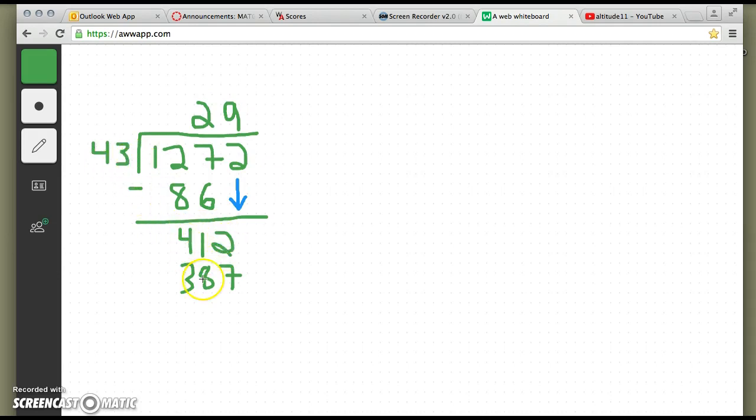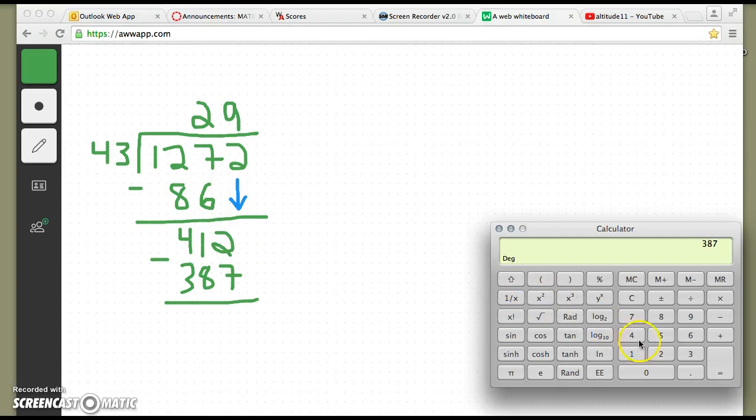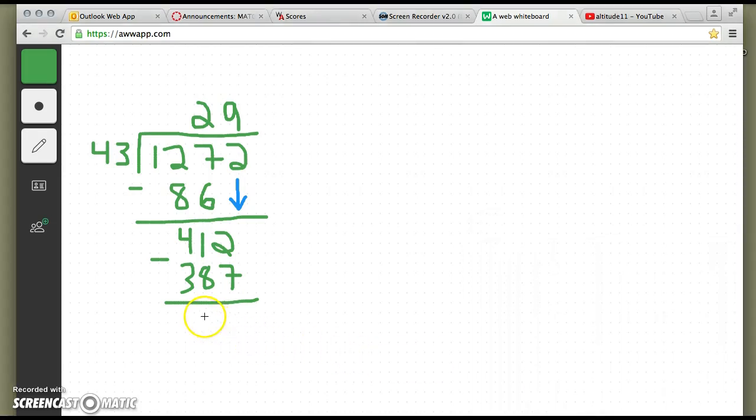In particular, it was 430. So just like last time, we would now subtract. And let's see how much we have left over. So 412 minus 387 is 25.